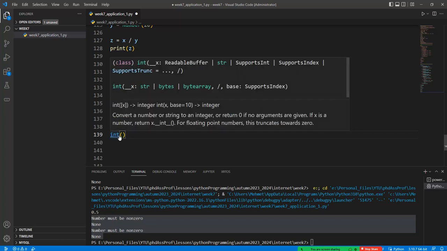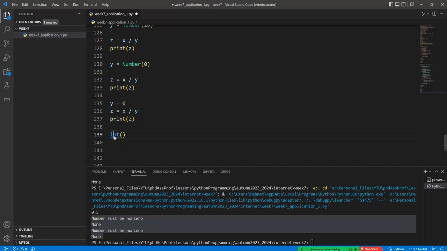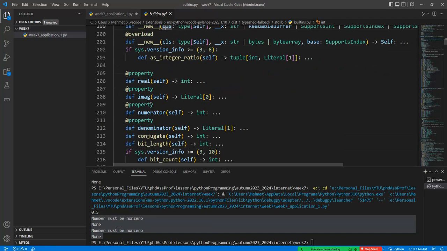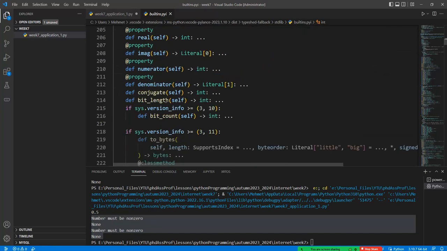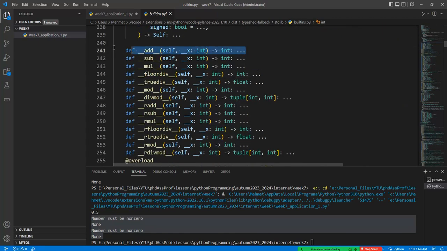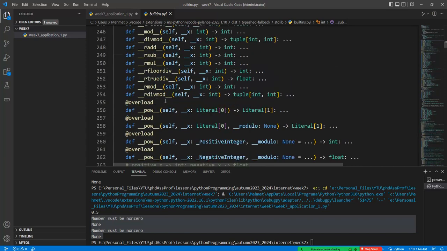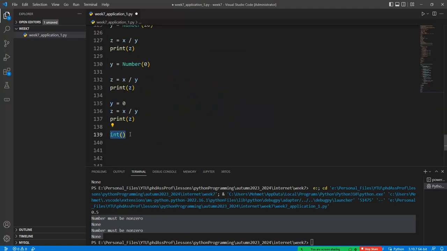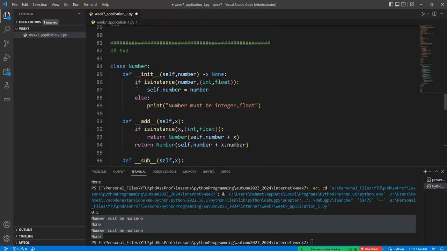If I go to this definition by pressing control and the left button here, these int values can be defined with parameters real, imag, numerator, denominator, and the other parameters given here: add, sub, mul, floor division, true division, mod division, divmod, and so on. All the operators are overloaded in the integer values and float values, so every integer value is a class instance like this number.